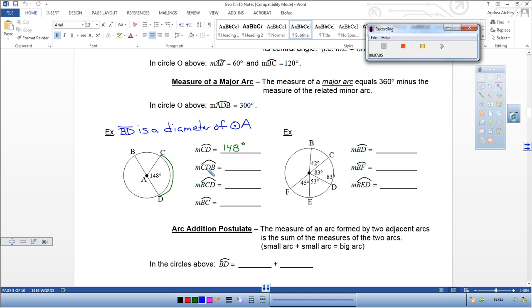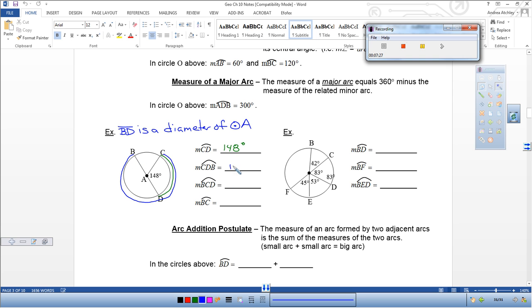Okay, then we want arc CDB. So C, D, B. Anyone have some idea as to how you find that? Very good. This is a semicircle here.